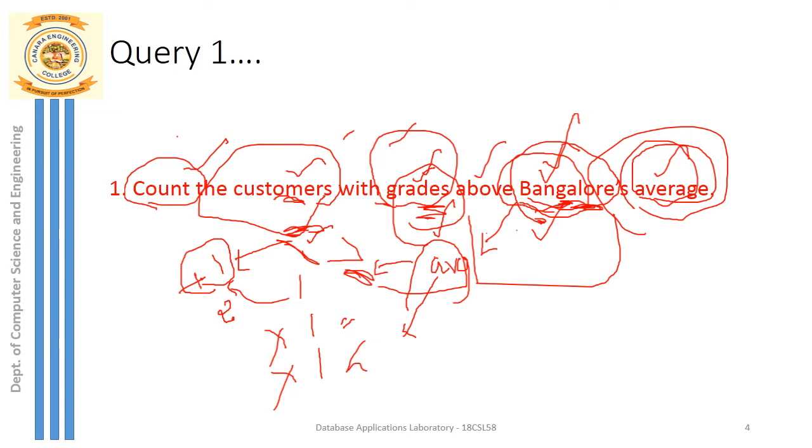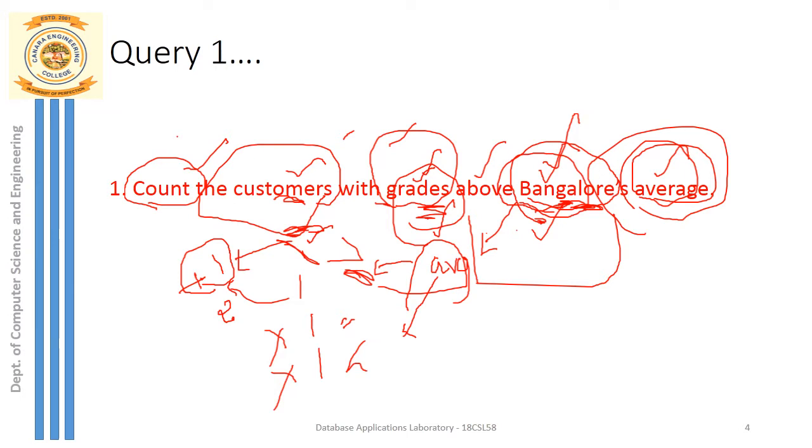So just count the customers, and which customers do you have to count? Only those customers whose grade is above the average grade that you have just calculated for the Bangalore section. So like I already said, in this query you will have to write 2 parts.